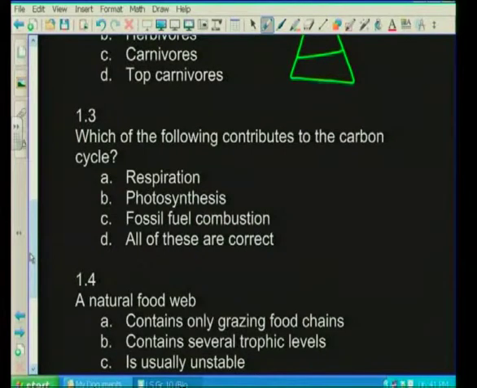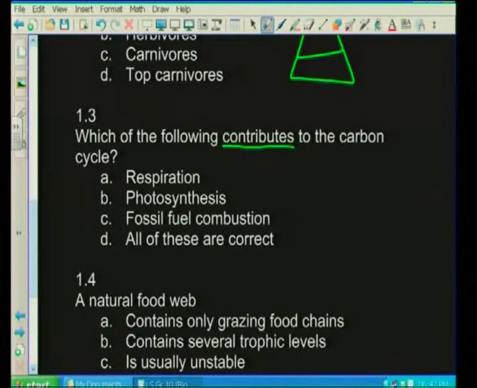Number 3. Which of the following contributes? That means, how is it involved? How does it contribute to the carbon cycle? Number A, respiration. Does it contribute to the carbon cycle? Yes, it does, because cellular respiration produces carbon dioxide.